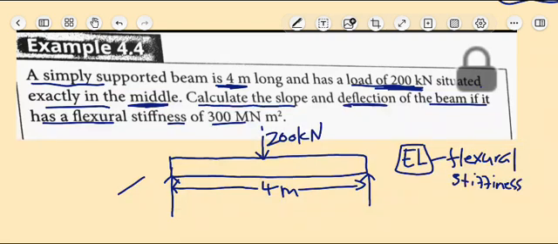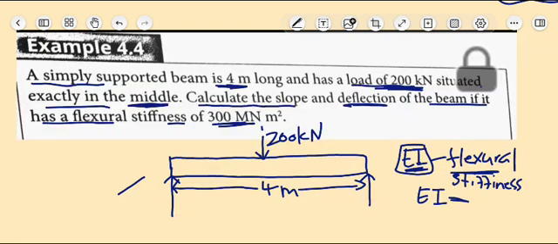It's the Young's modulus multiplied by the moment of inertia that gives us this.